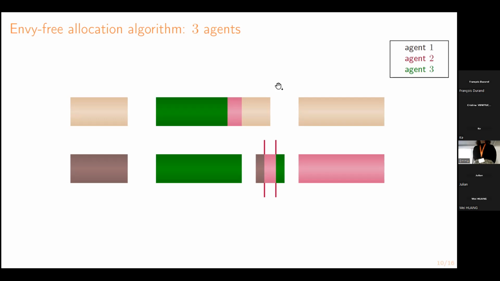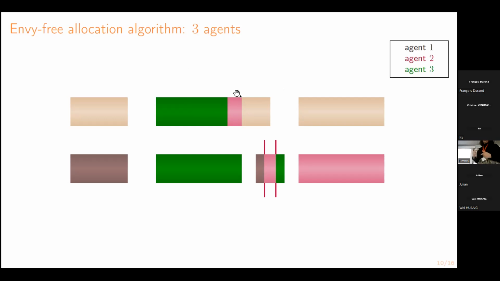Okay, so the algorithm for 3 generalizes to n greater than 3, but it starts to be more complicated. The reason is because here you only have 1 competitive piece of cake, like you have a competition. But when you have 4 agents, then you can start to have two pieces for competition, and then you will have to iterate the process.